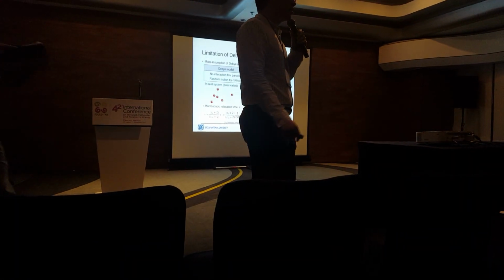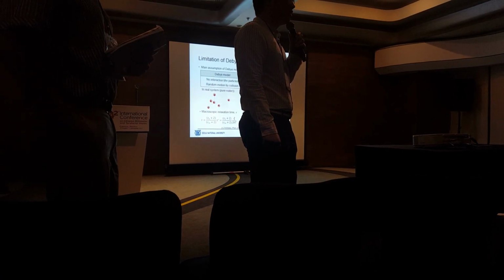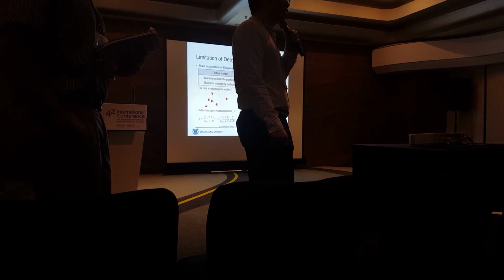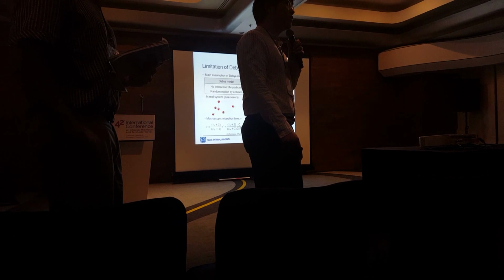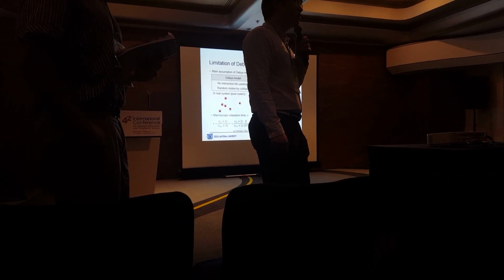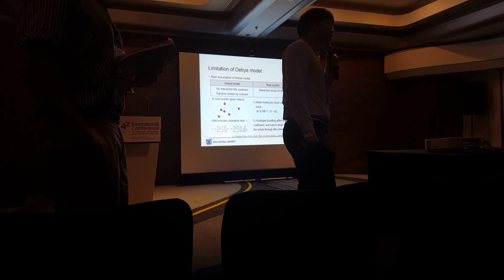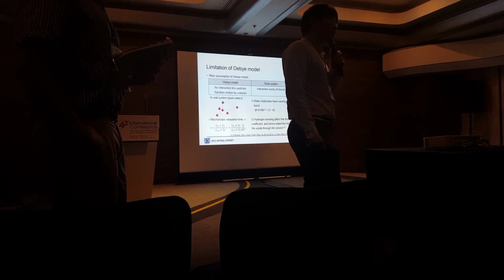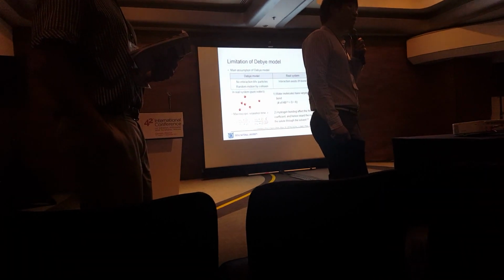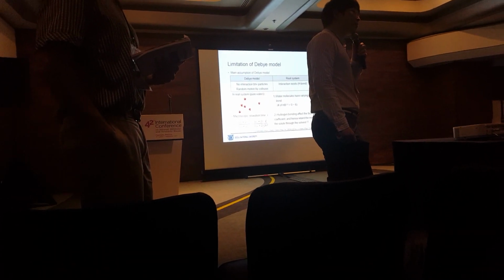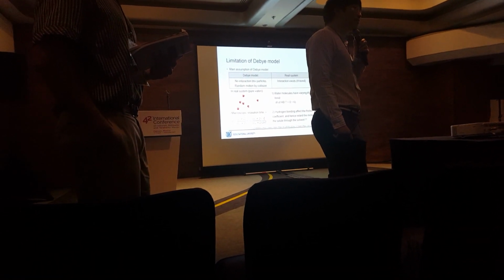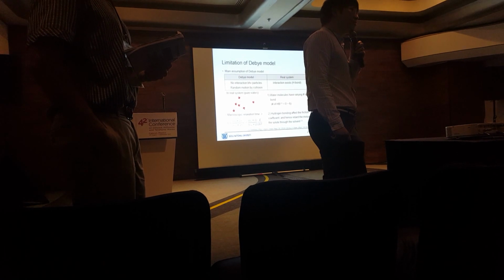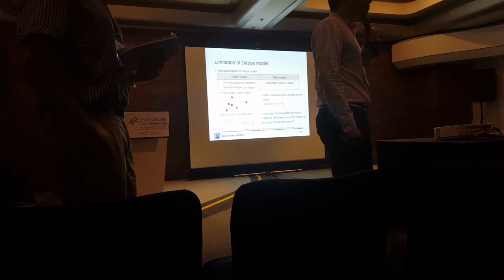I'm not surprised that the original Debye model with just one term cannot explain it, because, if I'm not mistaken, I may be wrong here, but I think Debye developed it such that one assumption was that all these relaxations are much, much faster than the electric field oscillation. And if we come to the terahertz range, the terahertz field oscillates really quite fast, and that's on the order of this relaxation time.